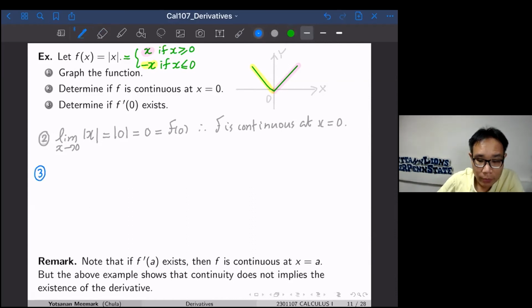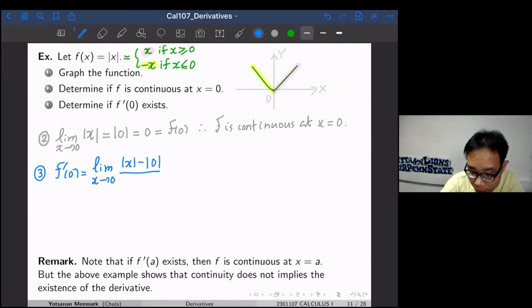The next one will be to determine if f prime 0 exists. Okay, f prime 0 will be the limit as x goes to 0 of absolute value of x minus absolute value of 0 over x minus 0. And this will become the limit as x goes to 0 of absolute x over x.